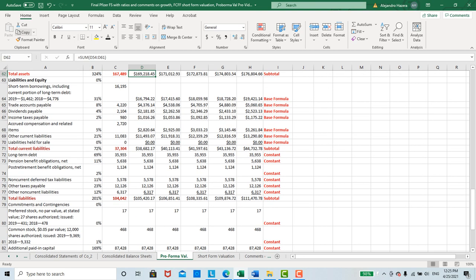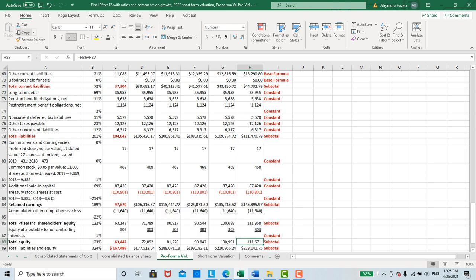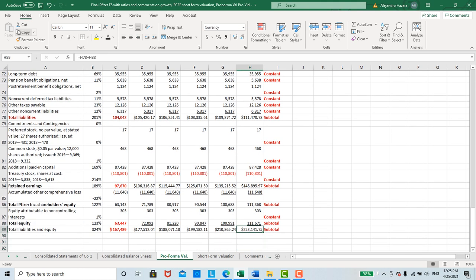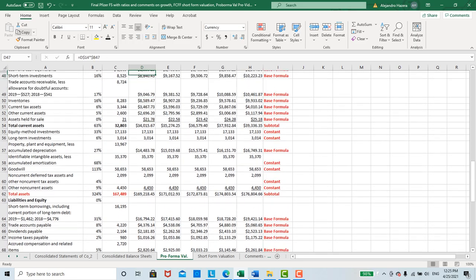Go to the last year, you start with 176 and it's 223, so the difference is getting larger. So we're going to have to add something to the asset side.